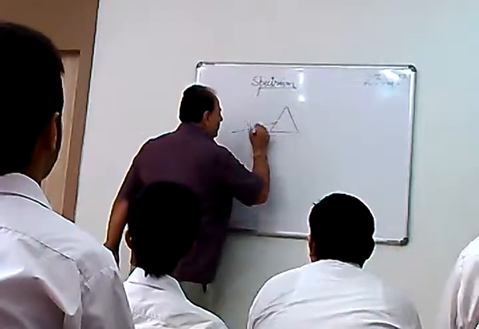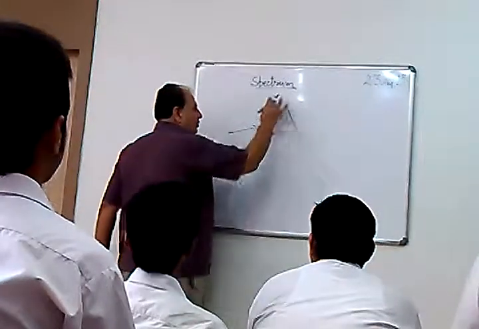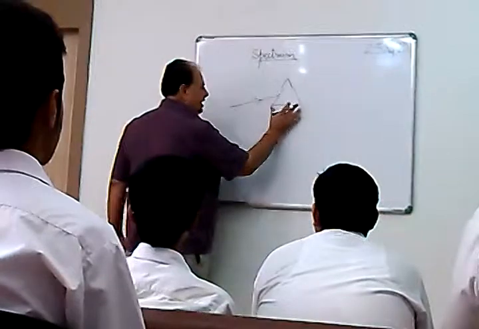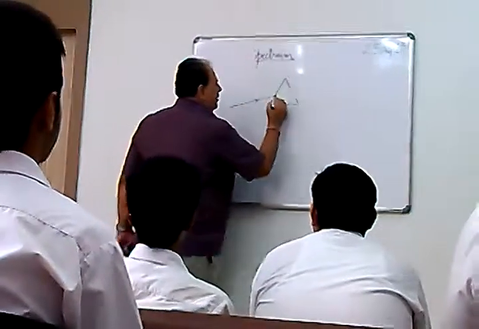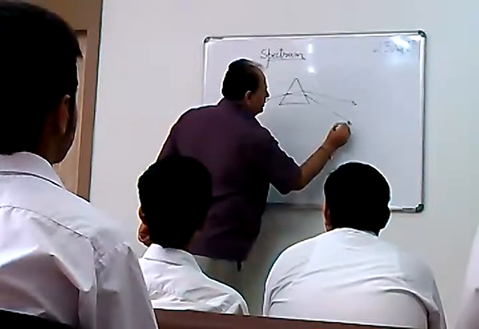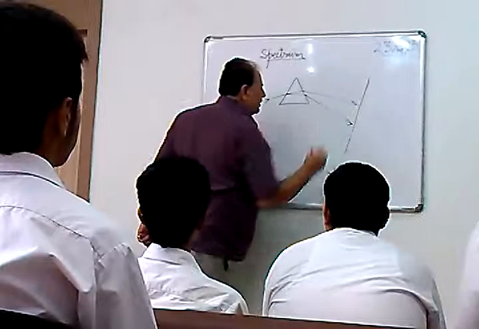So this type of spectrum, when a source of light falls on any dispersive medium, let us say, if the prism on which the light falls, from this side, a spectrum is produced. This is a screen, now the spectrum is produced.